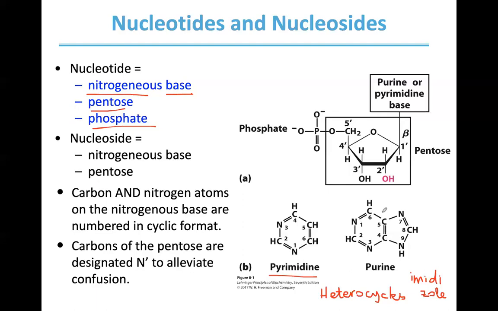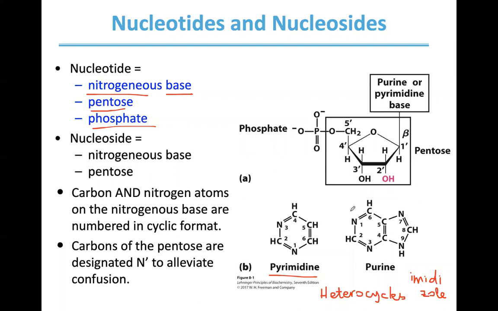Then you complete your numbering system. You end up with 6 positions, right? And then you go to the second ring and you finish the numbering 7, 8, 9. So 9 total atoms in the purine ring system.